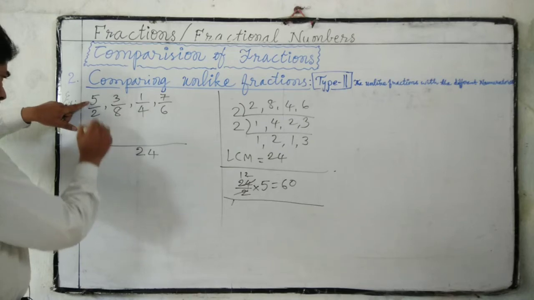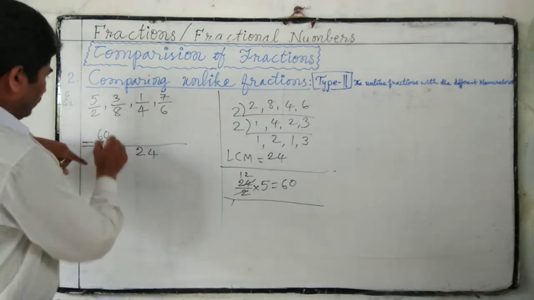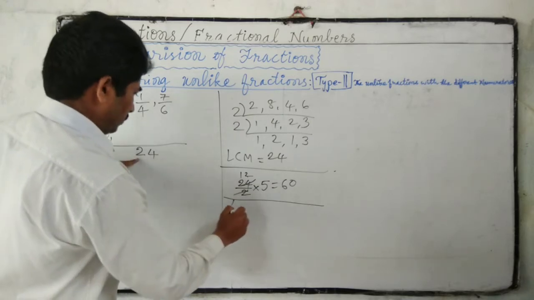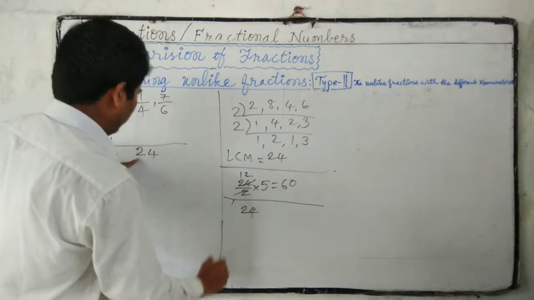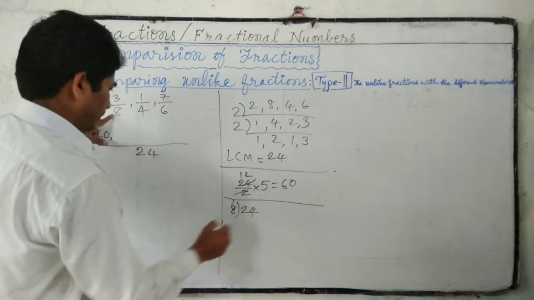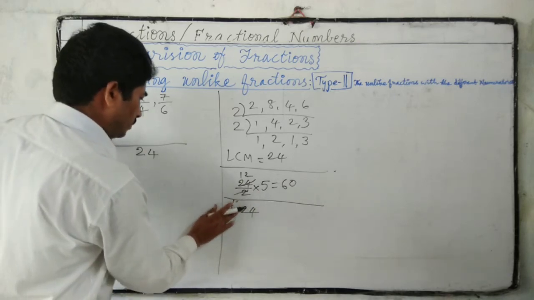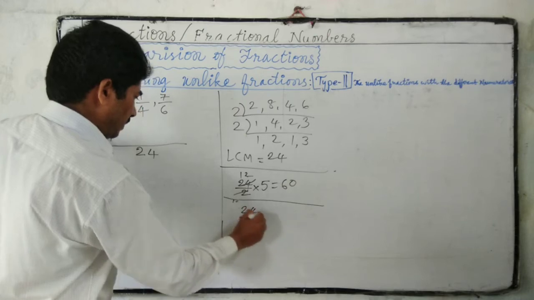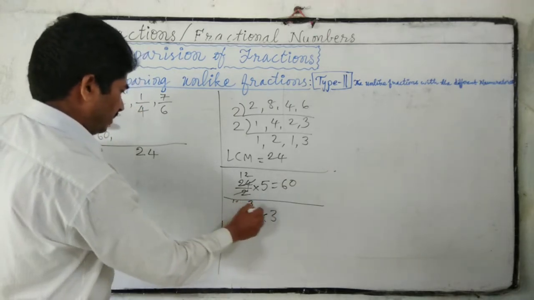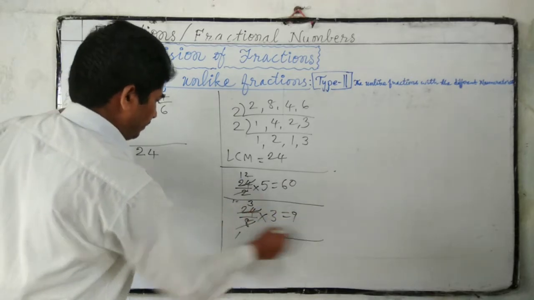Write it below this fraction. Next, divide 24 by the denominator of the second fraction and multiply with this numerator. 8 ones are 8, 3 threes are 9.